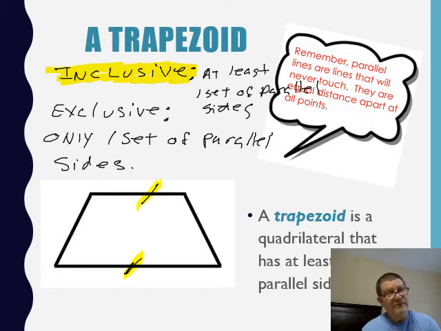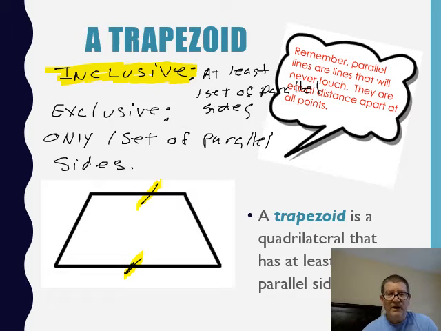It has 2 sets, but it at least has one set, so a parallelogram would be classified as a trapezoid. And a square has 2 sets, so it has at least one. So in the inclusive definition, a square could be classified as a trapezoid, and so could a rectangle, and so could a rhombus. So in the inclusive, parallelograms, rectangles, squares, and rhombuses all meet the classification of a trapezoid.